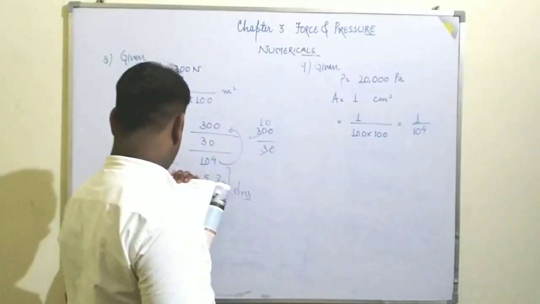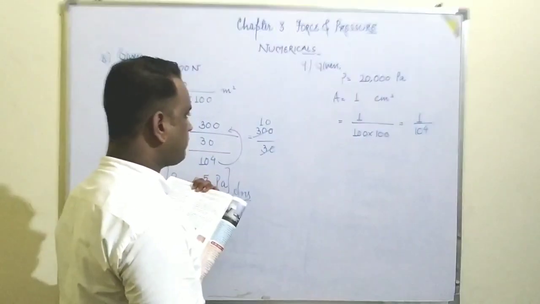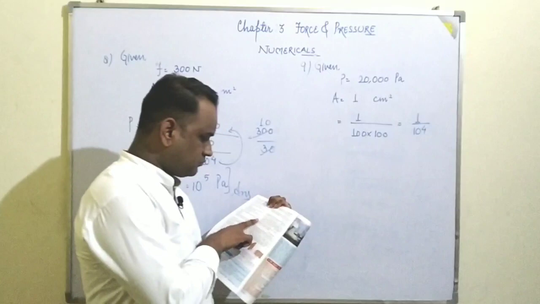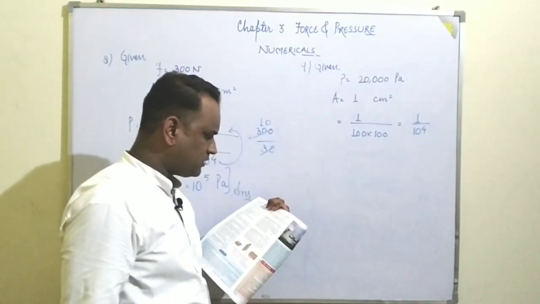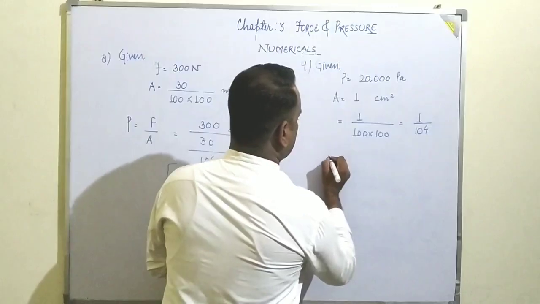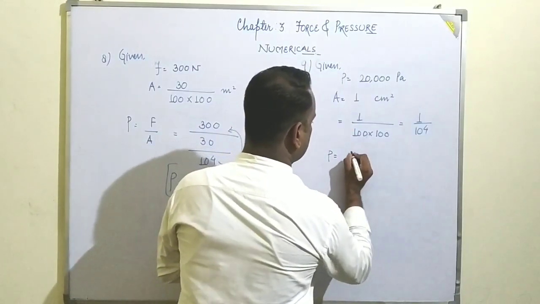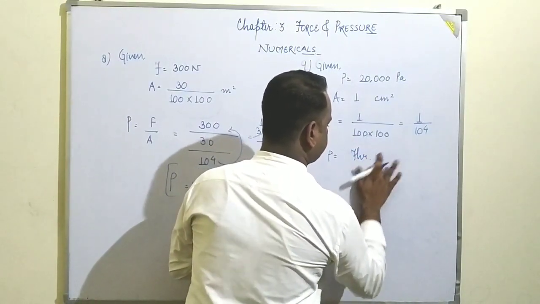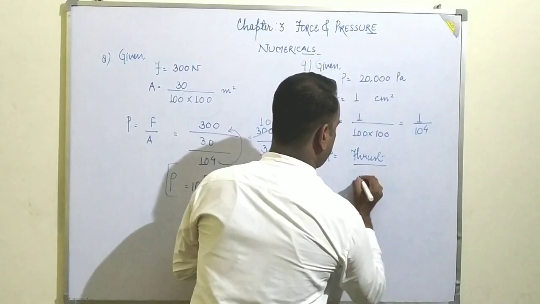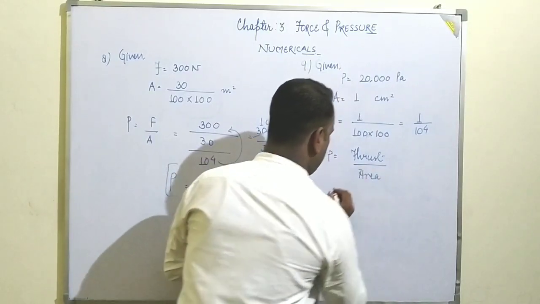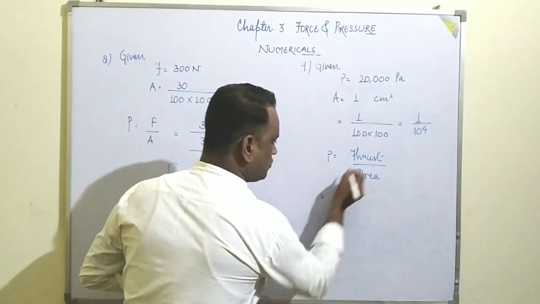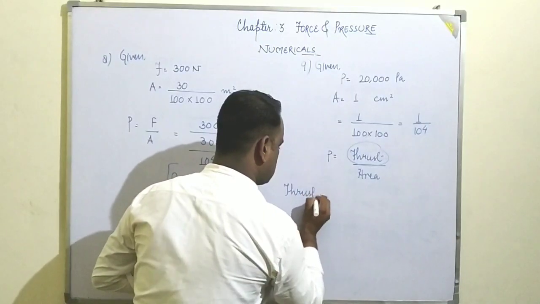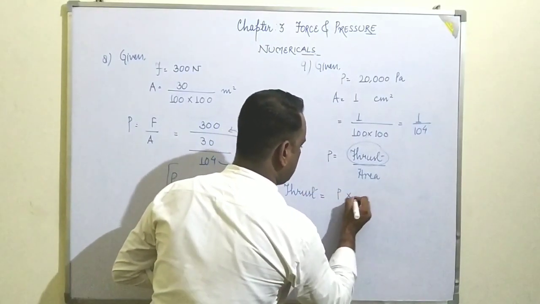Now what do we have to calculate? We have to calculate the thrust. Pressure is equal to thrust upon area, so thrust is equal to pressure into area.